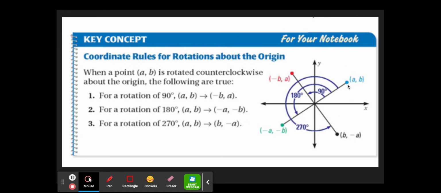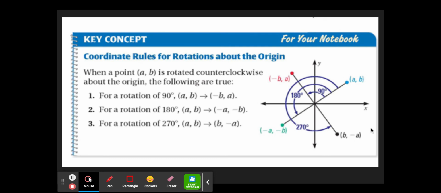Here I am in positive, positive, then I'm moving to negative, positive. When I rotate 180 degrees, I'm not inverted anymore. It's A, B, but they're both opposites, right? So from positive, positive to negative, negative. And then for 270, it's inverted to B, A, and now this time it's the y value that's the opposite.